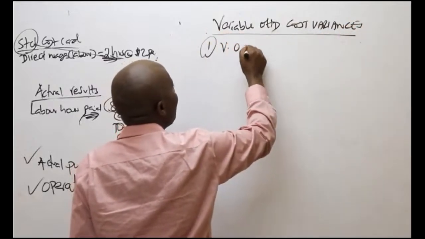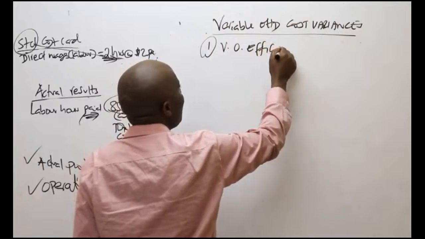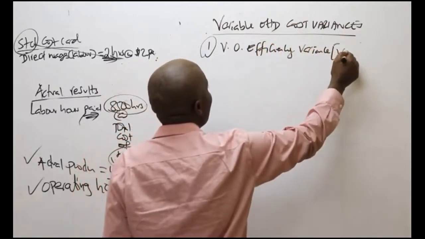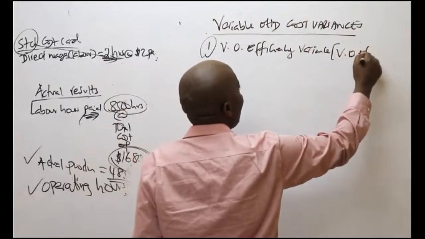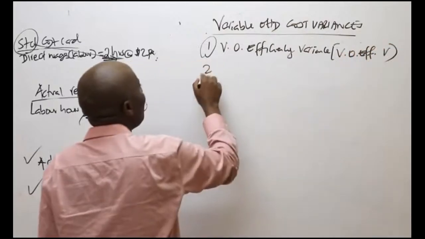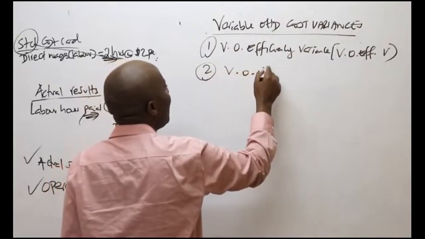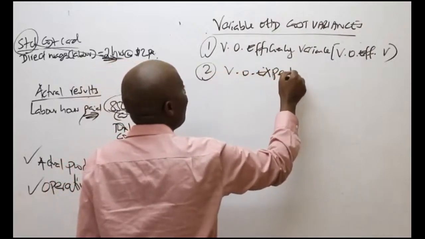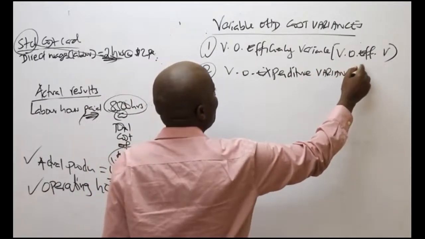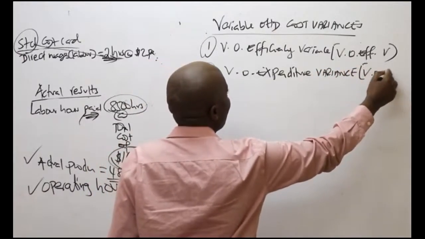Number one, we have variable overhead efficiency variance, which we shall be abbreviating like that. And number two, we have variable overhead expenditure variance, which we shall also be abbreviating.